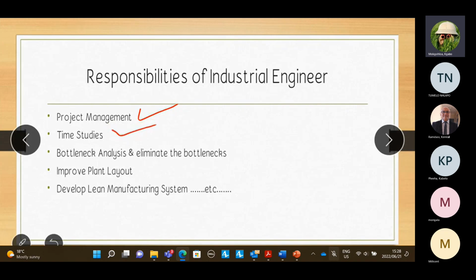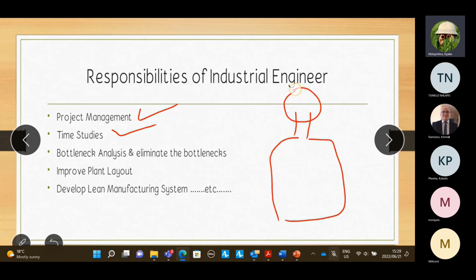If we want to improve a process, reduce the cycle time, or increase productivity, we should do the time study first, and then bottleneck analysis and eliminate the bottleneck. Do you know about the bottleneck? If I draw a bottle, you can see this is the neck of the bottle.